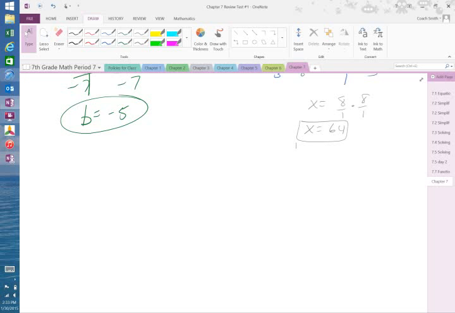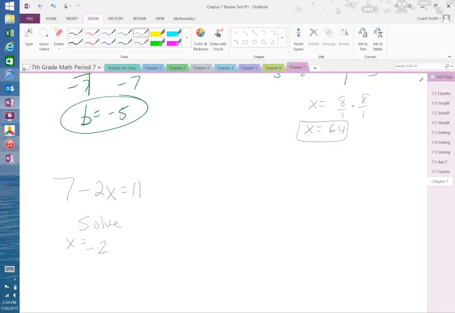Brandon? Yes. 7 minus 2x equal 11. It says twice the number subtracted from 7. Okay? Then you have to solve it. When you solve that, you're going to get -2. So you need to solve that one on your own. 20 I'm going to let you do on your own.